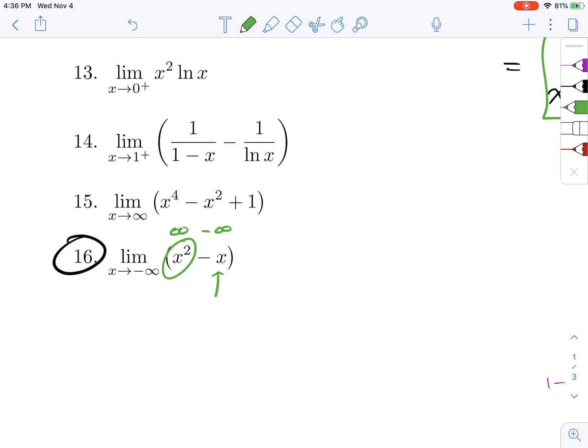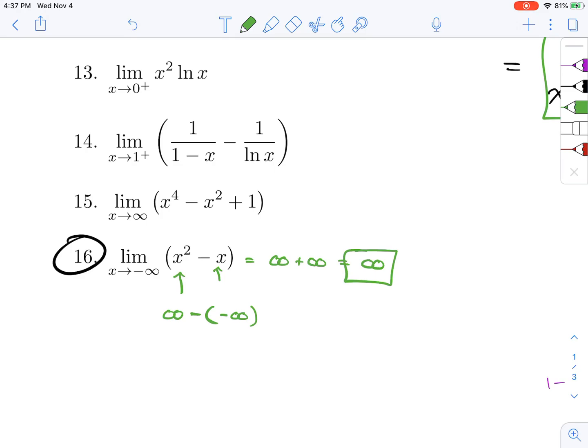And x is going to grow large, negative, but we're subtracting it off. So if you look at all the signs, x squared becomes positive infinity. And then we're subtracting x, which is negative infinity. So you wind up with really infinity plus infinity. So that one's just infinity. And that's all there is to that one.